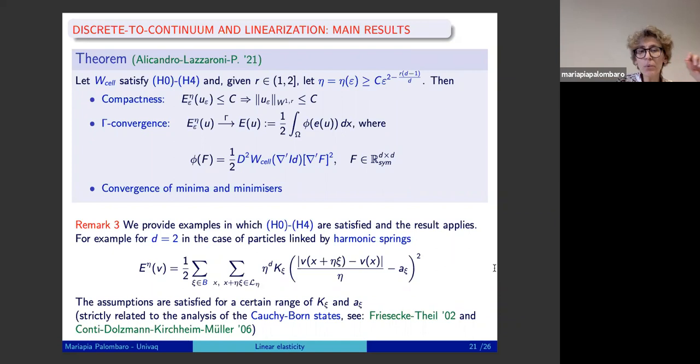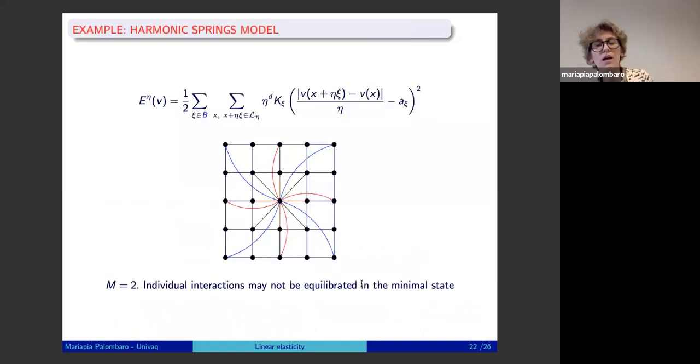And one can prove that in a certain range of these constants, our assumptions are satisfied, and the system is frustrated, which means that the individual interactions are not equilibrated in the minimal state. So the global minimizer is not a minimizer for each single interaction.